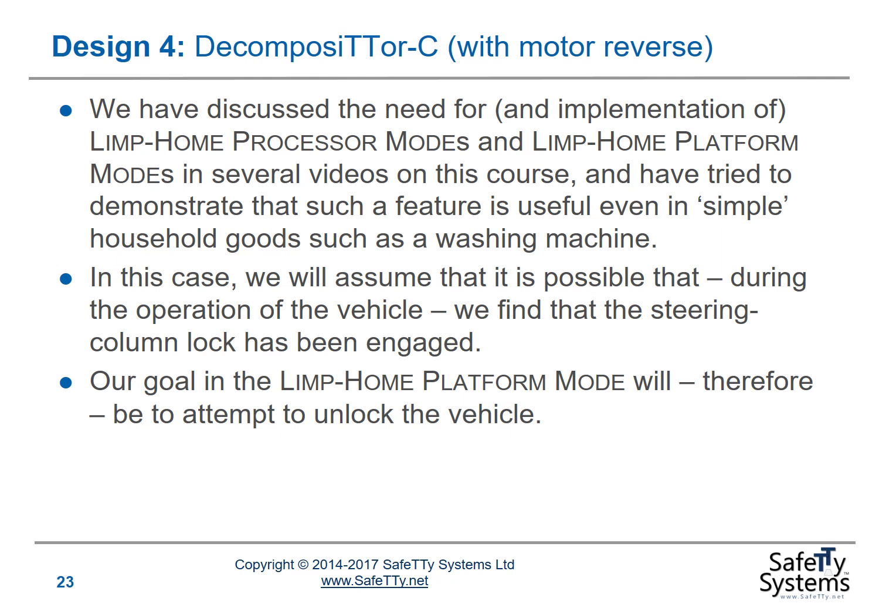In those circumstances, it would be particularly important to try and find a way of reversing the steering column lock to remove the bolt from the steering wheel so that we could safely bring the vehicle to a stop. So if we're going to do this, we're going to have a limp home platform mode that's going to allow us to unlock the vehicle. That's our goal.